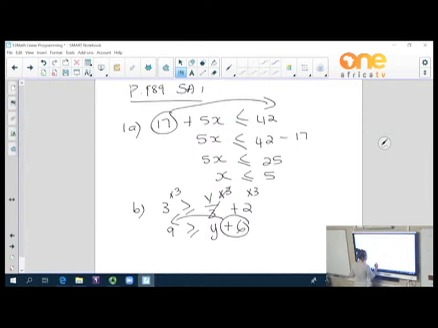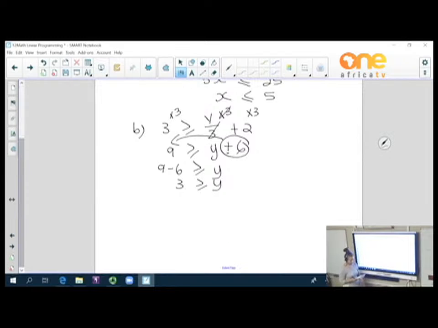Like terms to one side. 9 minus 6, the positive 6 becomes negative 6. 3 is more than or equal to y.